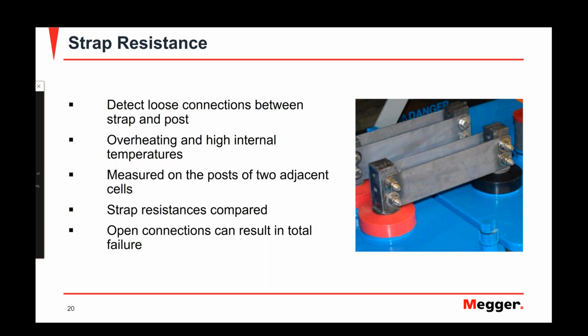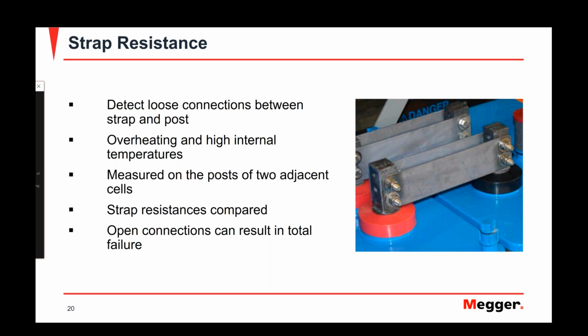Now, whenever we're testing for these, we're looking for loose connections between the straps and the battery posts. The loose connections can create hotspots or elevated internal operating temperatures of the batteries. And this can be detrimental to your system. To take these measurements, you'll measure the strap resistance between two adjacent battery cells.